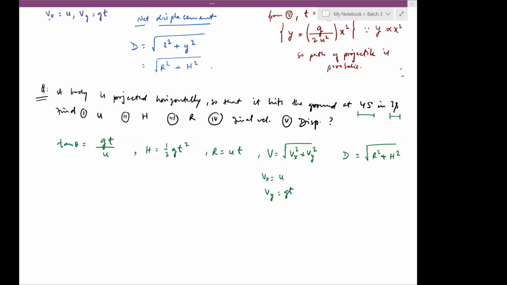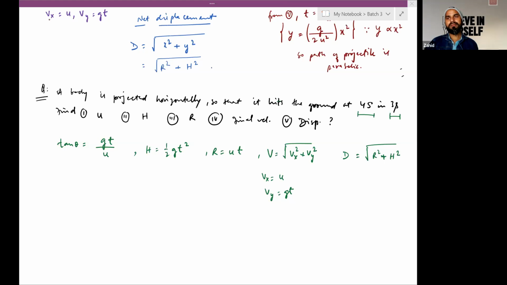So gravity will be 10, right? Yes. Take the value of g to be 10. Nabila, mention the question number.